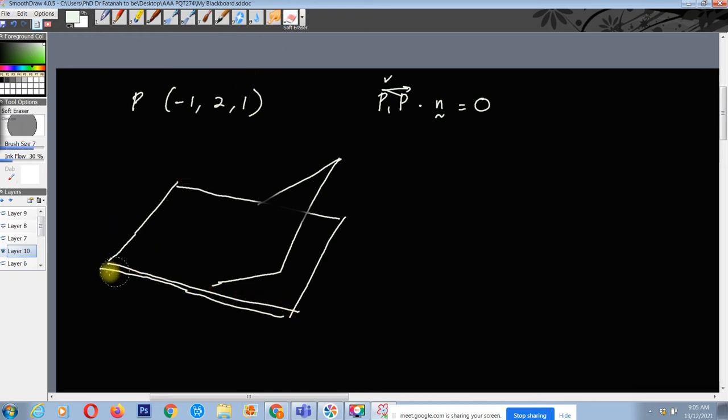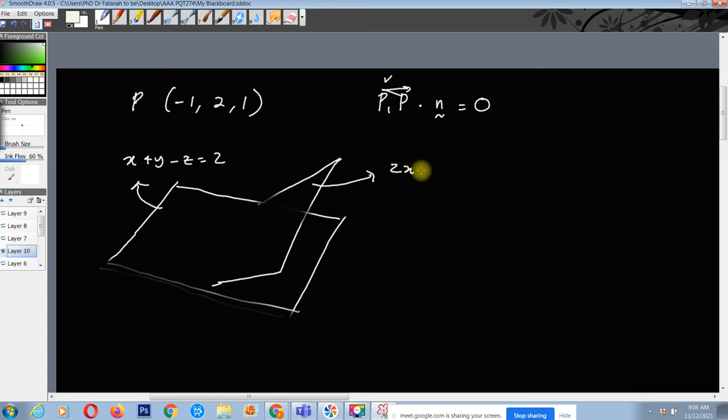So find the equation of the plane that passes through the line of intersection of the planes. The equation of this plane is x plus y minus z equals 2. And this plane is 2x minus y plus 3z equals 1.